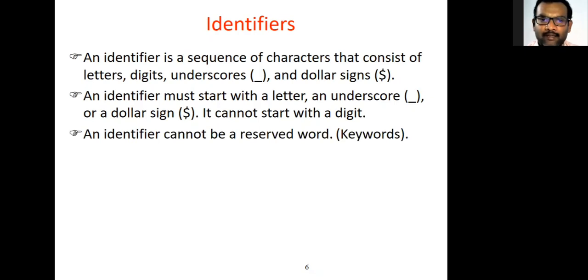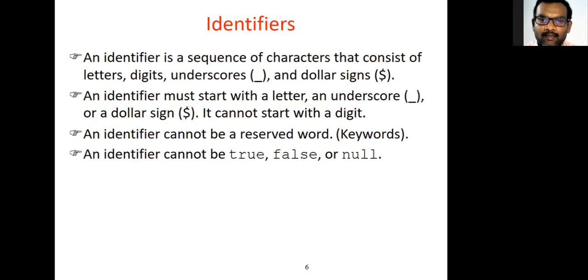One more constraint is that identifiers should not be a reserved word. There are certain keywords in the Java language with special meaning, and we should not give those keywords or reserved words as identifier names. There are also certain data types and values like true, false, null.